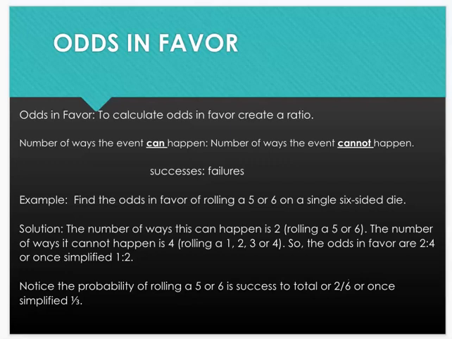The number of ways it cannot happen is 4 ways, because you could roll a 1, 2, 3, or 4 that are all not a 5 or a 6. So the odds in favor are 2 to 4, or once you simplify it, 1 to 2. Notice that the probability of rolling a 5 or a 6 is success to total, which would be 2 to 6, or once simplified, 1/3.